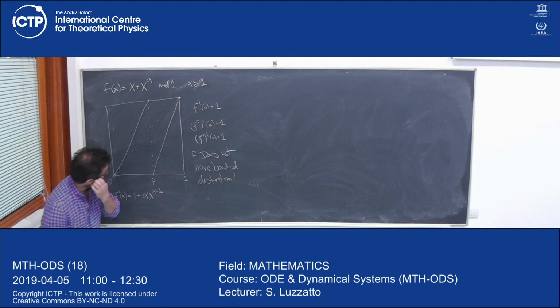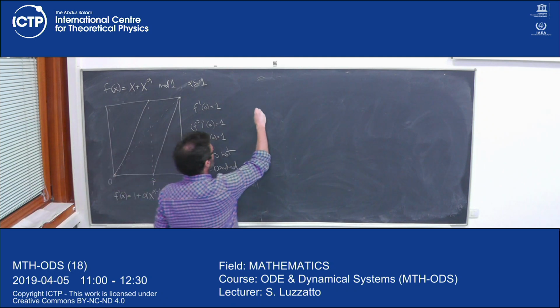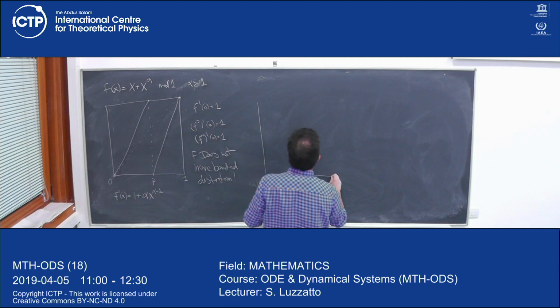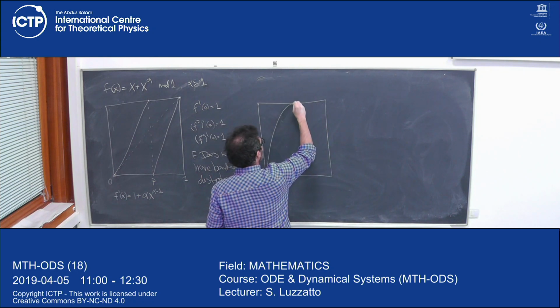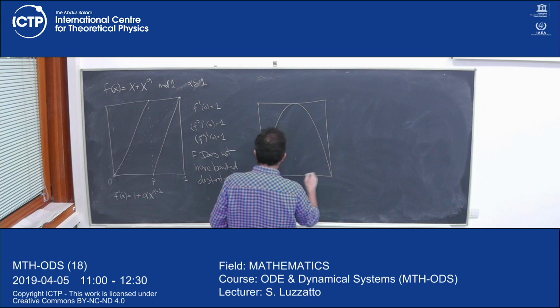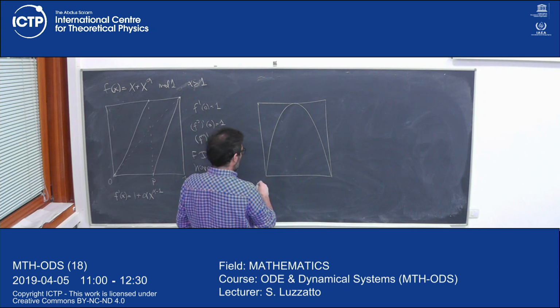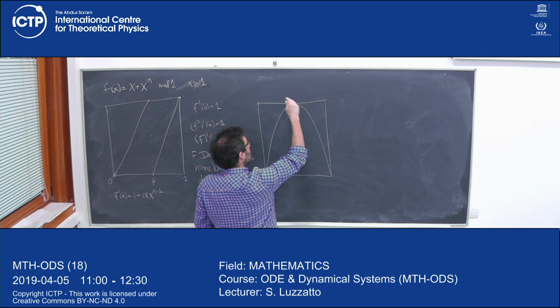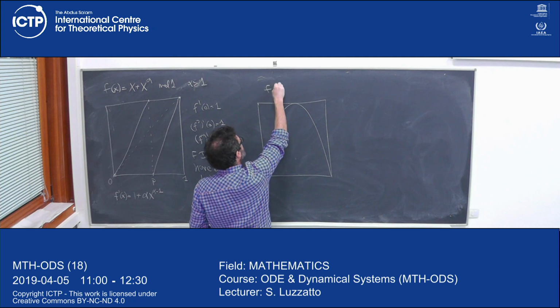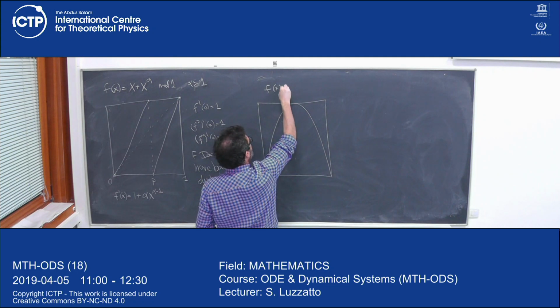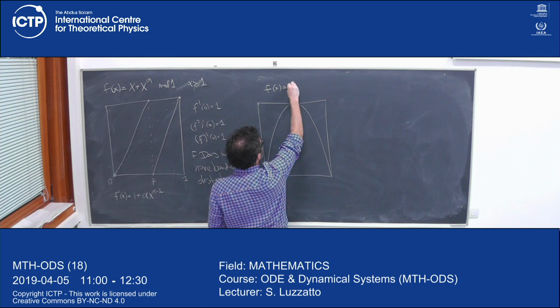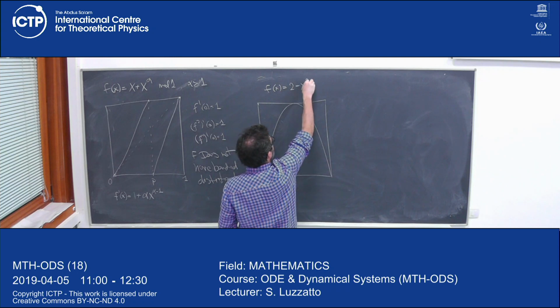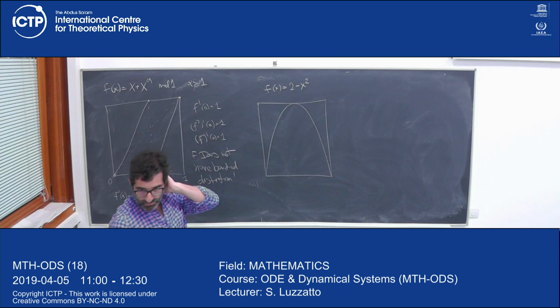We shall see. Let me give another example, which is this map here. We looked at one specific case, f of x equals 2 minus x squared. There are several ways of writing it.